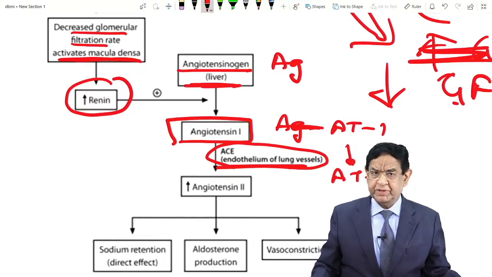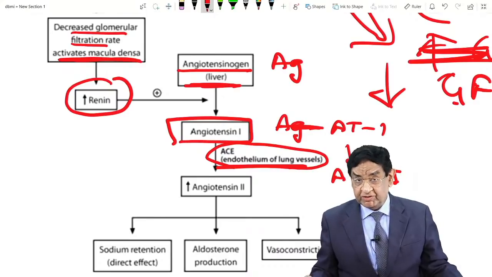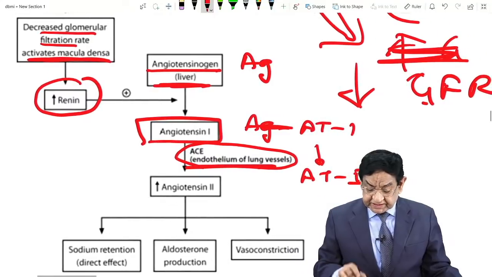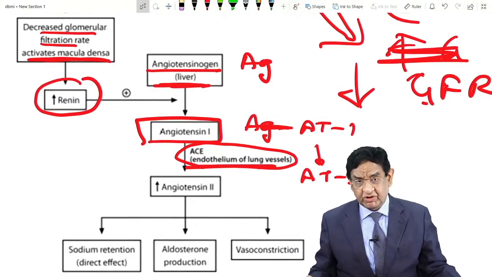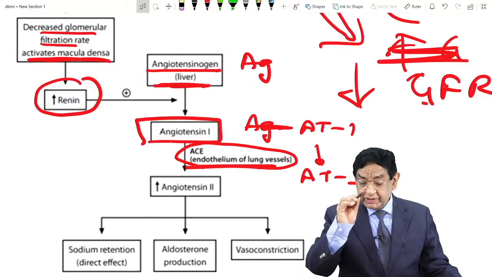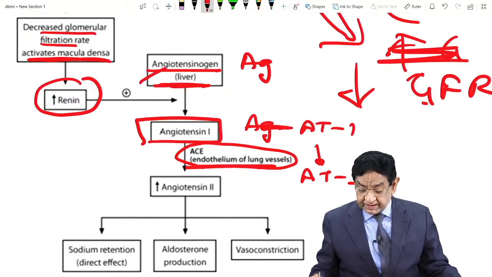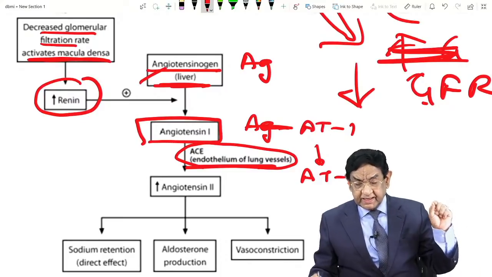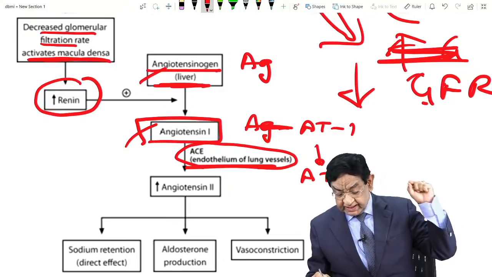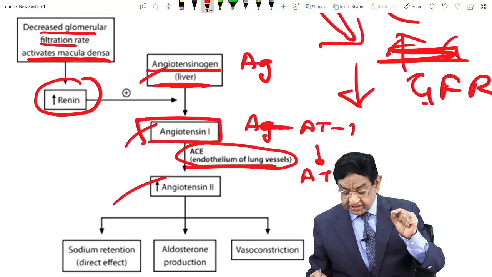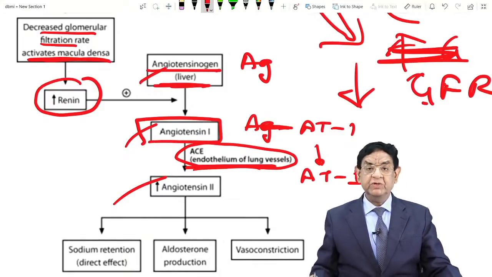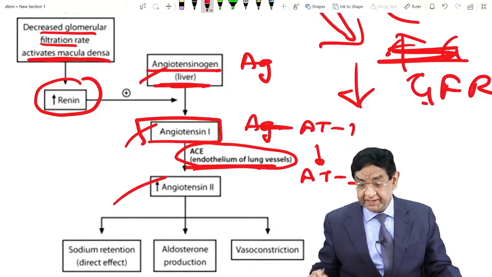Very, very important question from physiology. This is the place where students get stuck in physiology. So friends, angiotensinogen is made in the liver, and it is renin which will convert angiotensinogen into angiotensin 1, and this angiotensin 1 is converted into angiotensin 2 by ACE, which comes from the lung endothelium.